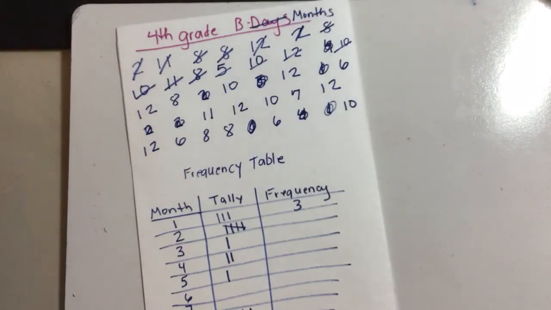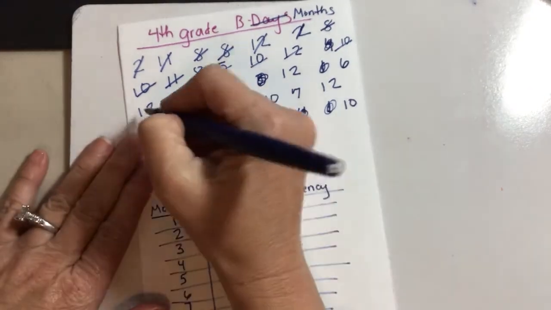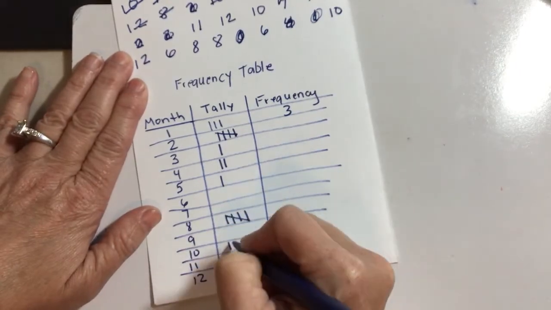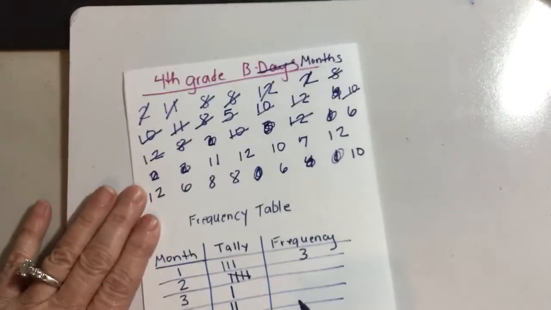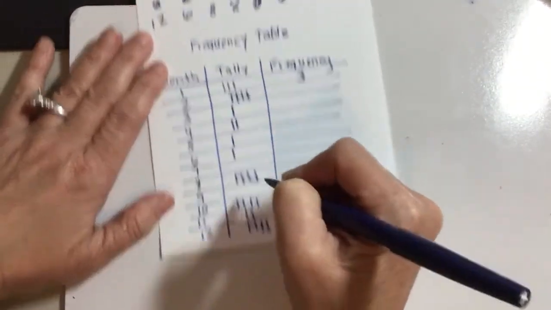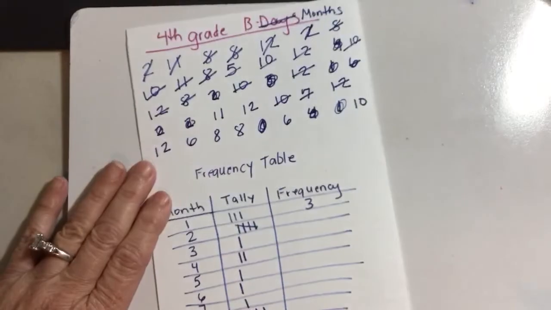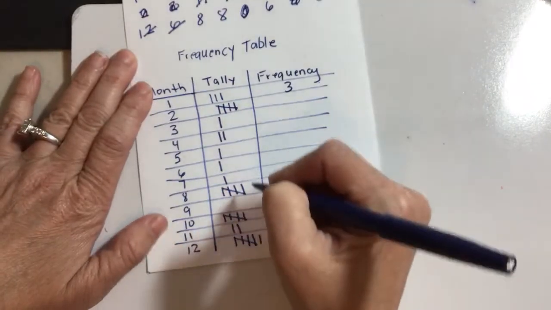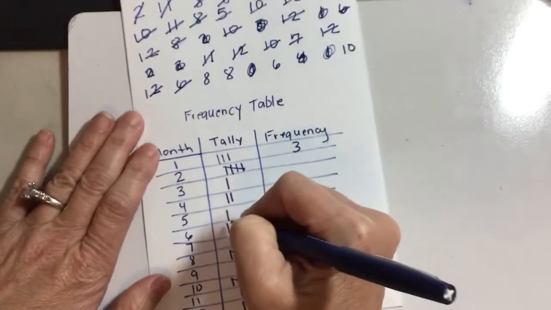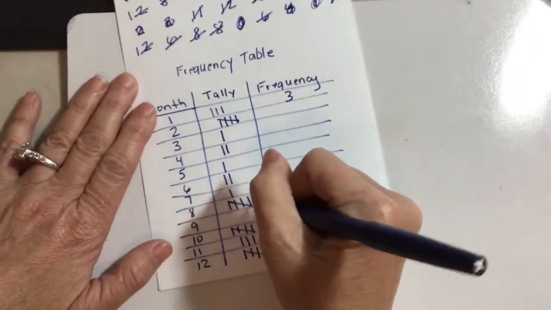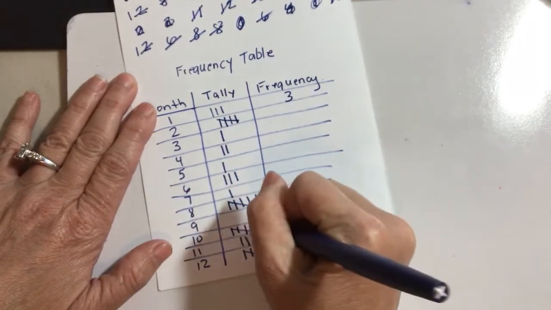Whichever way is fastest for you to create the frequency table is fine. 12, 8, 10, 12. 6, 12, 7, 10. 12, 11, 12, 6. 8, 8, 6, and 10.